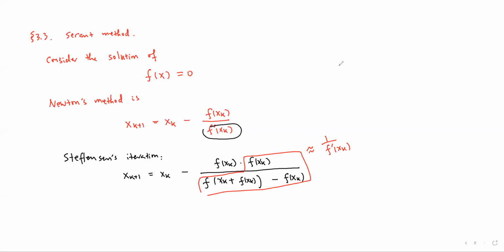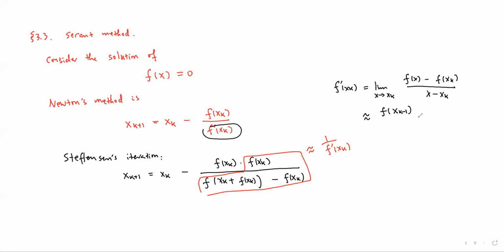Now the second approach, much easier. Recall that the derivative is a limit. Which limit? This limit. Now, roughly, I can approximate this limit by this quotient. The function value at x and the function value at x_{k-1} in practice should be available.